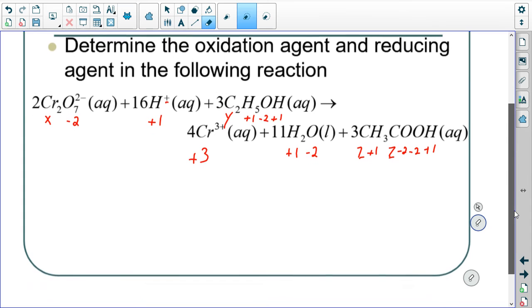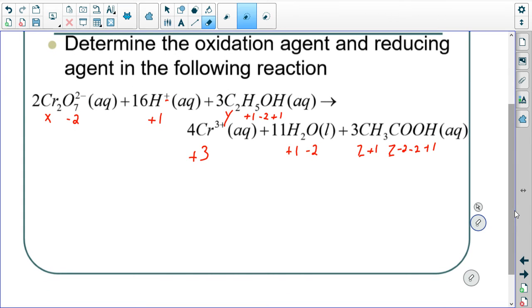So yes, this equation is balanced. This 2 does not exist in terms of what we're doing. We're only looking at the complex, or the ion Cr2O7 2-. So don't worry about the balancing part.